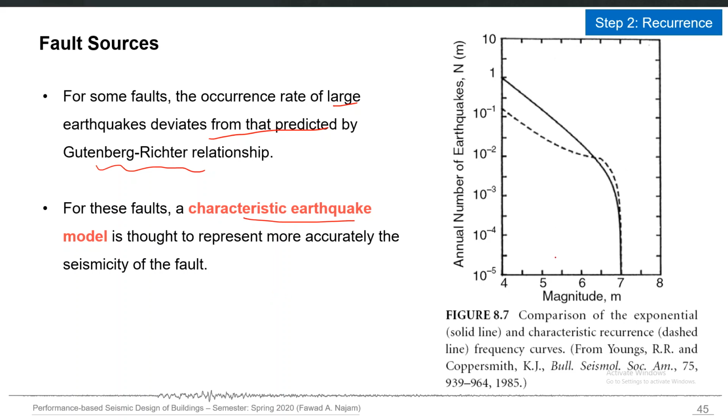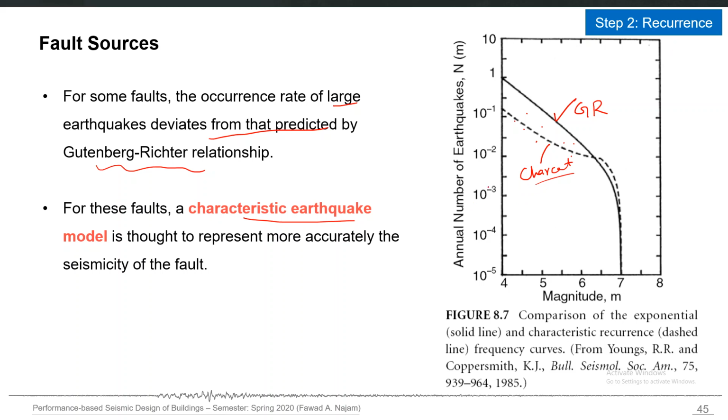You can see here a comparison. This is the exponential GR model, and the dotted line is the characteristic recurrence model. If the actual data shows that the characteristic model can accurately capture the seismicity rate for that particular fault, then you may use this second magnitude recurrence relationship for that fault.